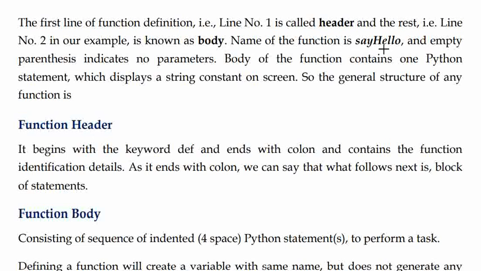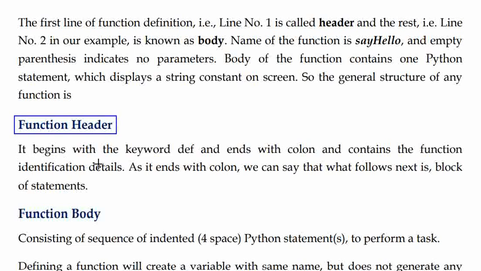The name of the function is say_hello, and empty parentheses indicate no parameters. The body of the function contains one Python statement which displays a string constant on screen. So the general structure of any function is function header. Function header is the first line of the user-defined function.